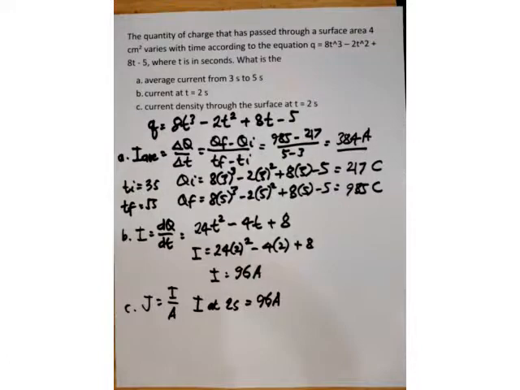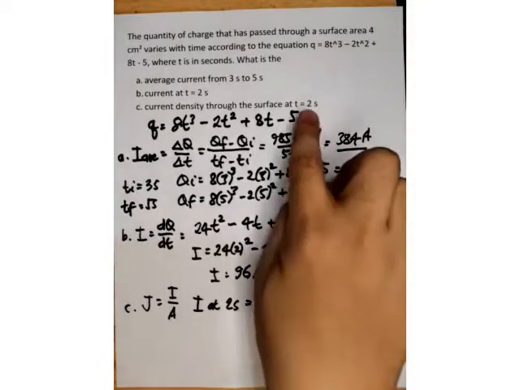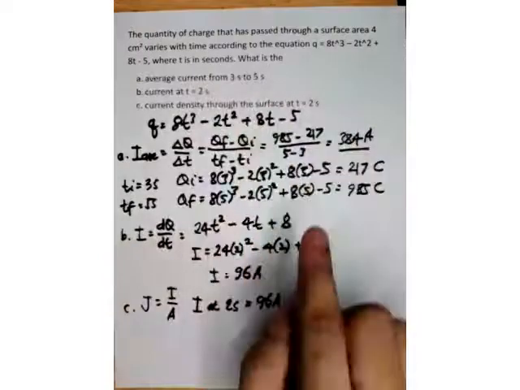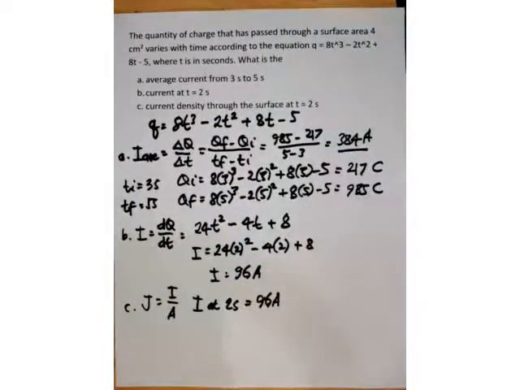Pero kung 3 seconds yung nakasulat sa C, kailangan hanapin muna natin yung instantaneous current at 3 seconds bago natin kunin yung current density. Pero since pareho sila, pwede natin gamitin yung 96 amperes.